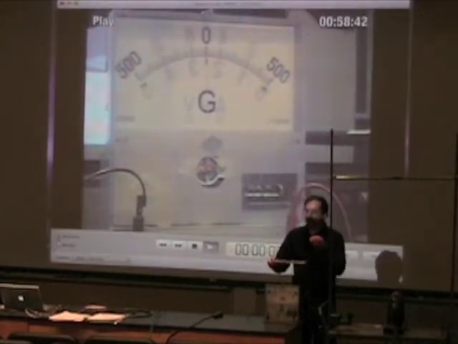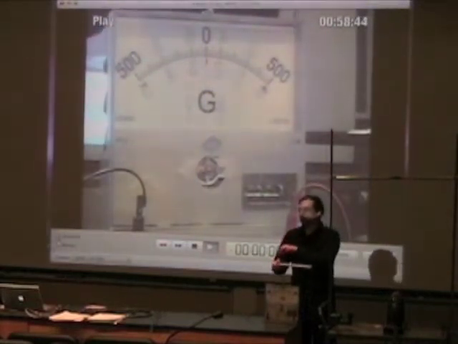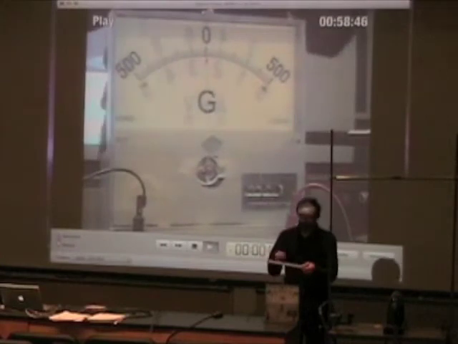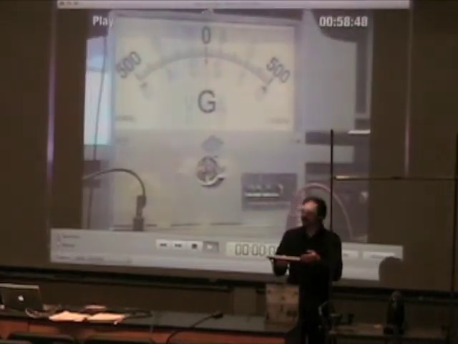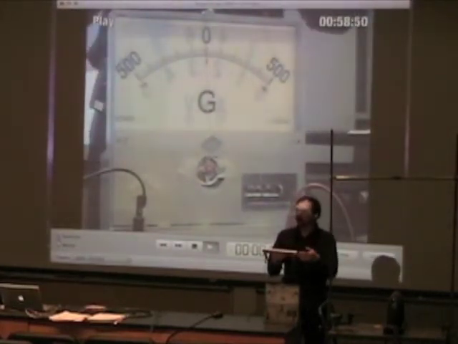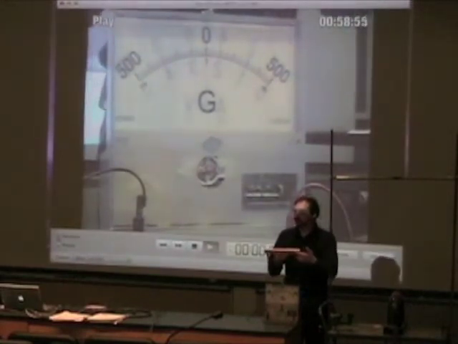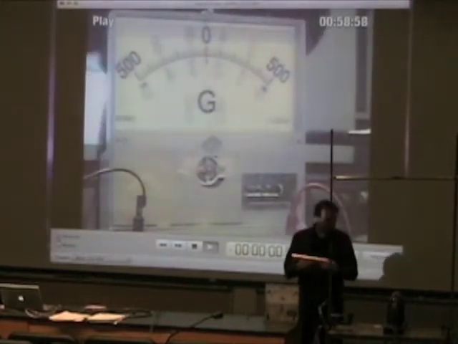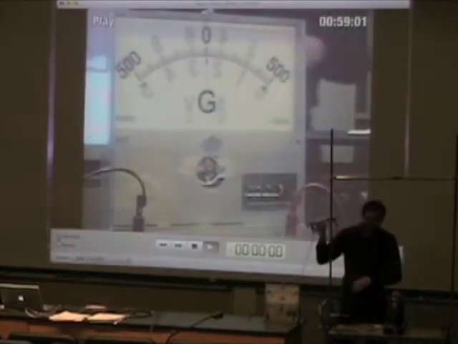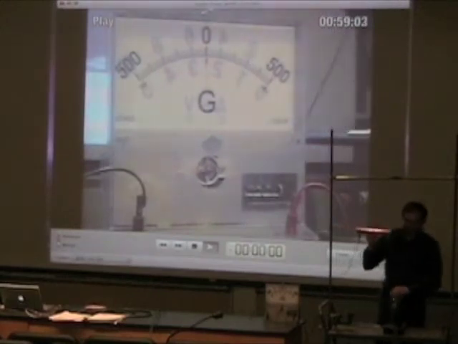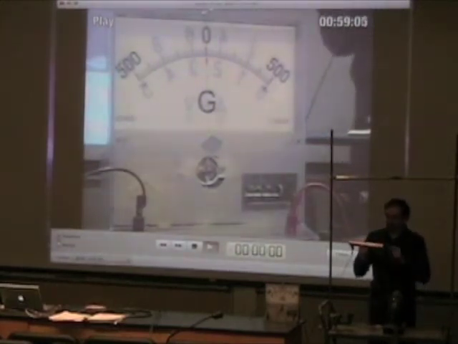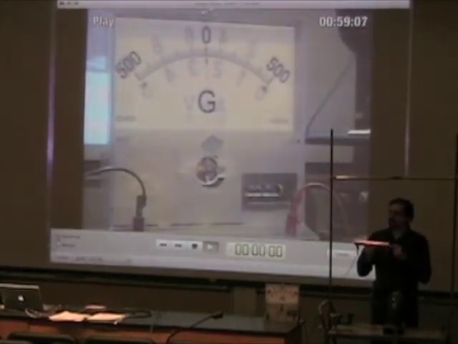If I have electrons collected here, and a deficiency of electrons there, plus, minus, the direction of the electric field should be from plus to minus in this situation. We'll talk about that in a minute. But first, how should I move it and how should I hold it to make this end positively charged?